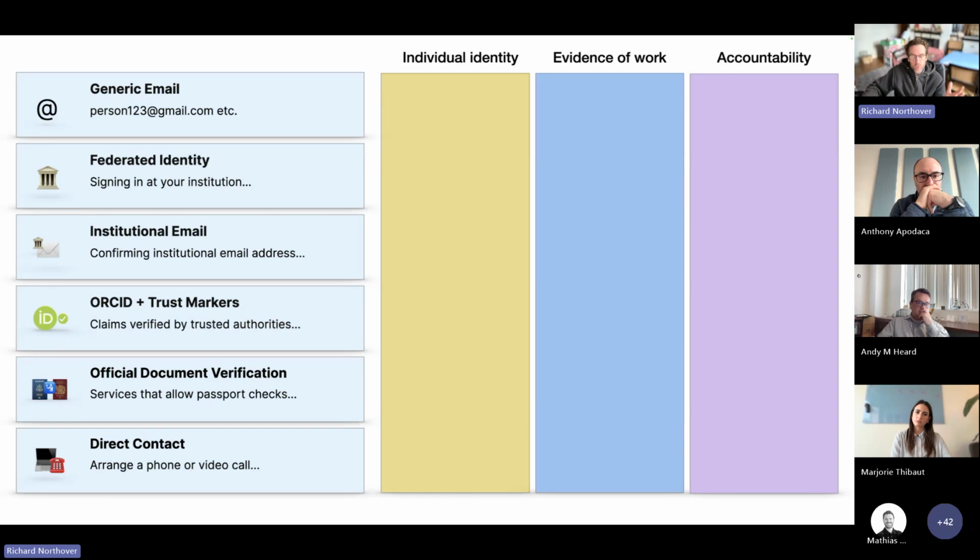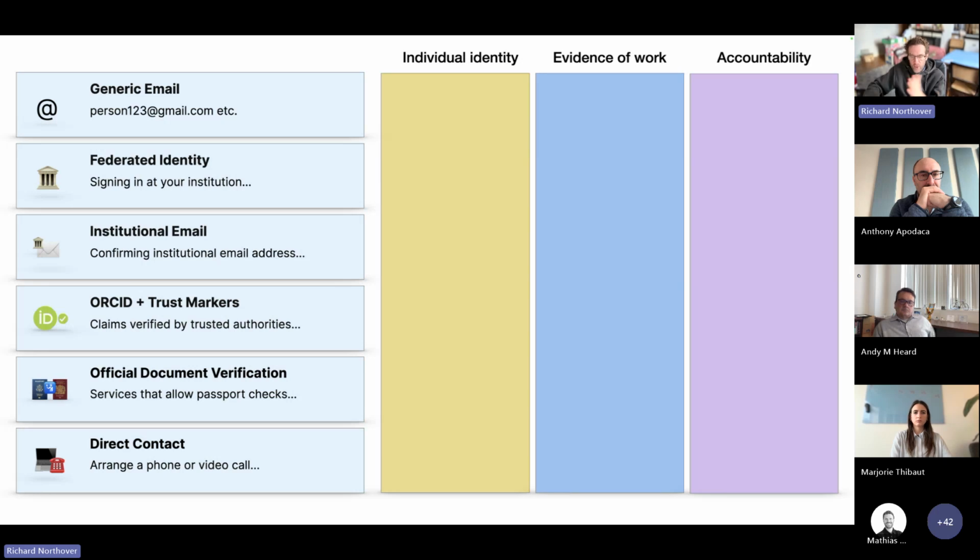So if we look at a range of verification methods, starting with the status quo of generic email addresses, and then going down through institutional IDPs and email addresses, using ORCID with trust markers, passport verification, government document verification, and then a fallback of speaking directly to a potential author.